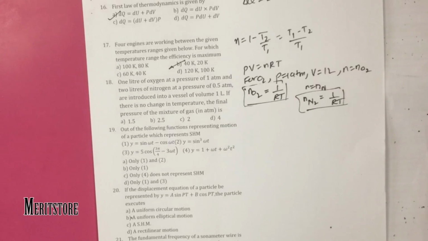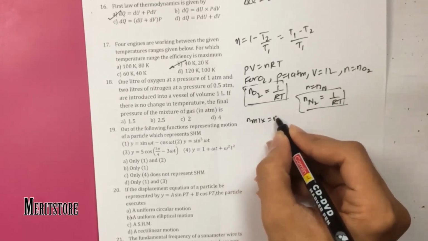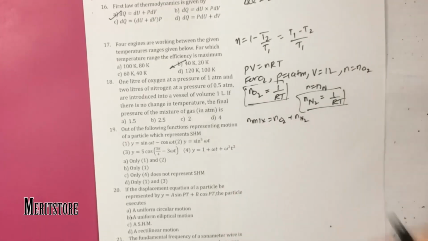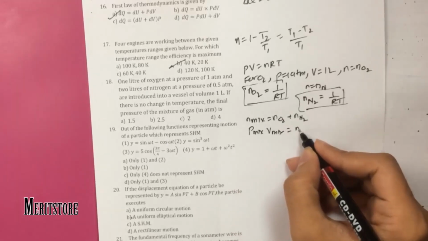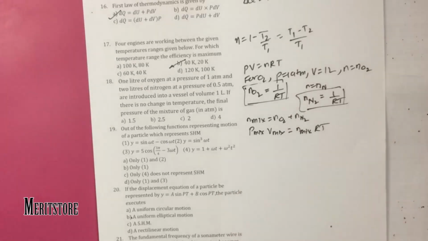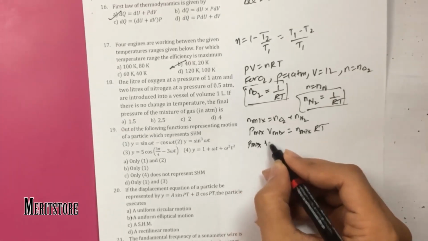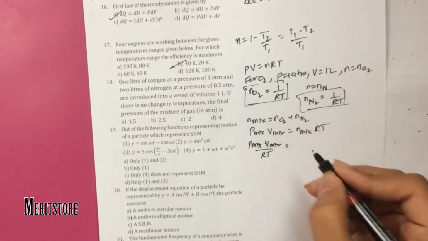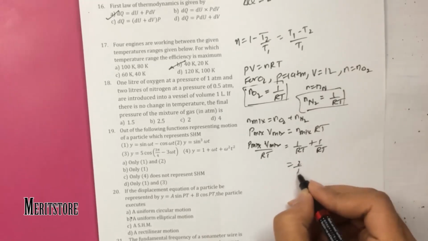Now since we know the number of moles of the total mixture will be the number of moles of oxygen plus the number of moles of nitrogen, I would have n mix equals nO2 plus nN2. And the pressure of the mixture times the volume of the mixture would be equal to the number of moles of the mixture times R times T. So pressure of mixture times volume of mixture divided by RT equals 1 by RT plus 1 by RT, which equals 2 by RT.